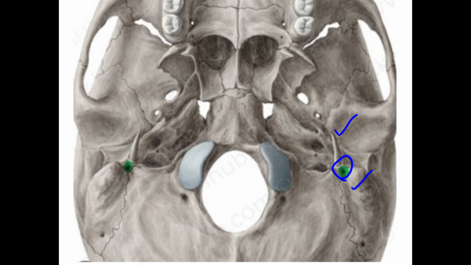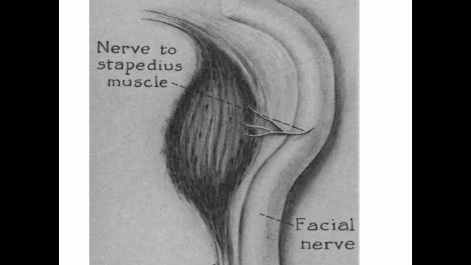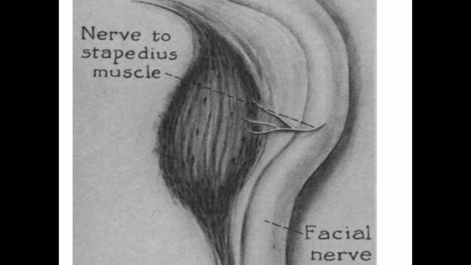Right. What is the first motor branch of facial nerve? The first motor branch of facial nerve is the nerve to stapedius muscle.